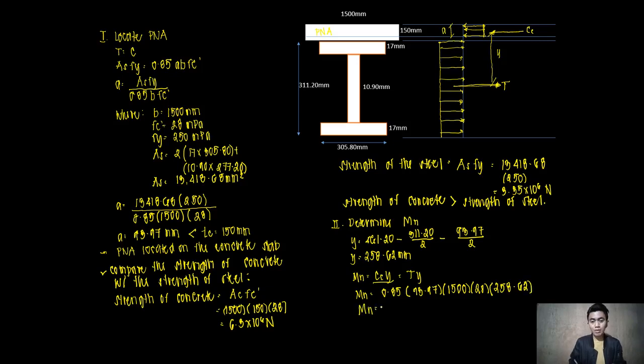Wherein our nominal moment capacity now is equal to 93.97 times 1,500 times 28 times 258.62 divided by 1,000.